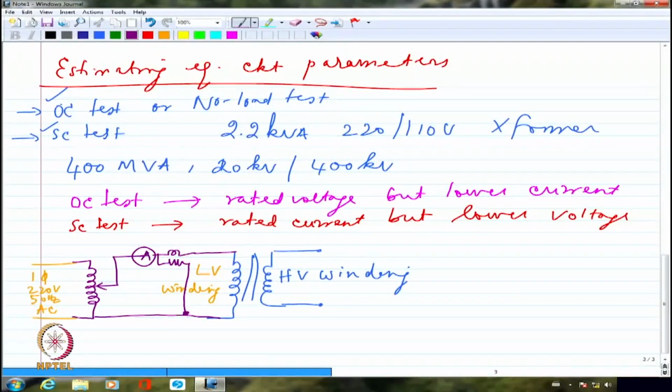Now, please note that there is no current flowing on the secondary side. So I2 is 0, and what I am having as I1 here will be equal to I0. That is actually the no load current itself, nothing more than that. So what I am getting in the open circuit test is only the no load current.